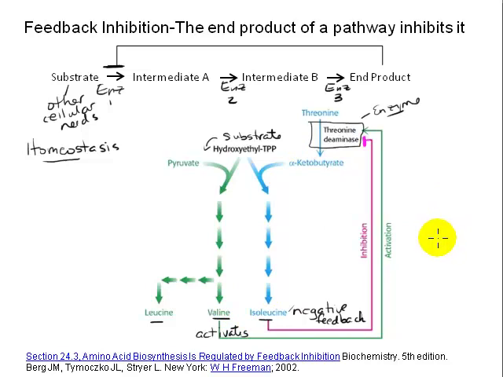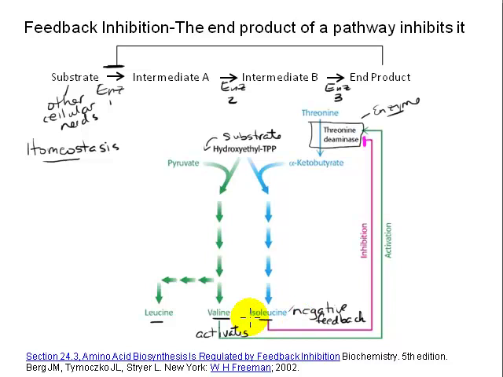Incidentally, the molecular mechanism for this inhibition and activation is pretty interesting itself. Isoleucine is an allosteric inhibitor, in other words, a non-competitive inhibitor. It binds at a distal site on threonine deaminase and changes the shape or properties of the active site so that threonine no longer binds.